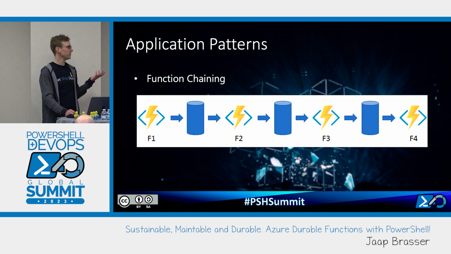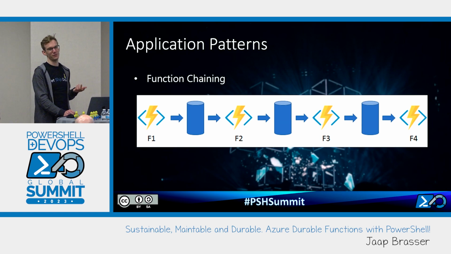And I also had failures within those functions. And I tried to create the logic within each individual function to deal with the next one failing. But after a while, that's not very maintainable, because you end up with an enormous amount of boilerplate code in your functions, and it goes against use less code in your functions.